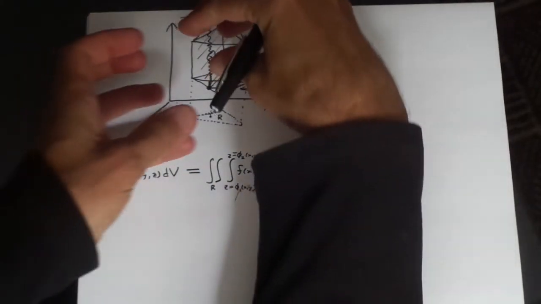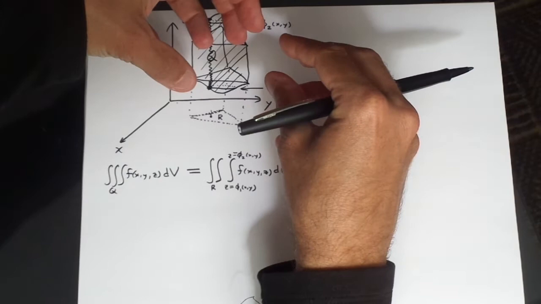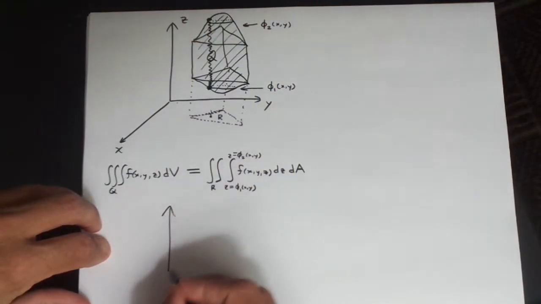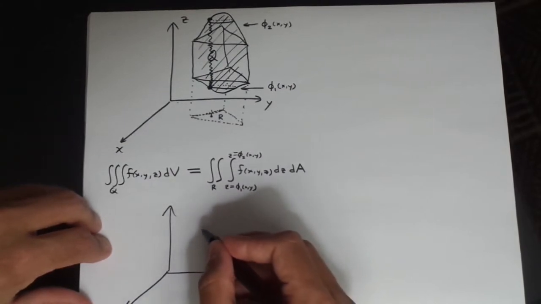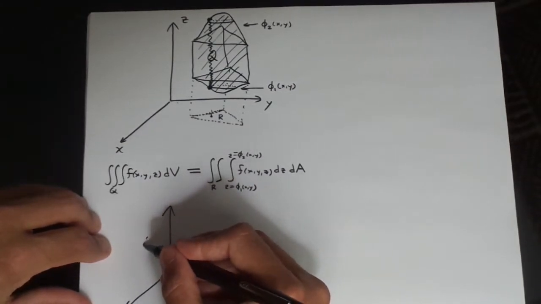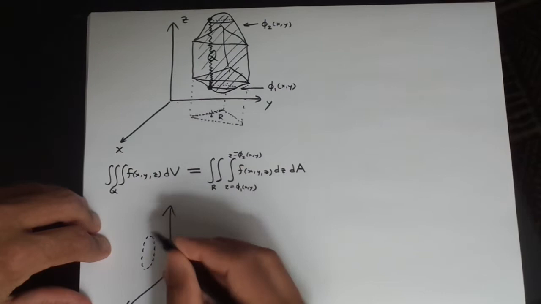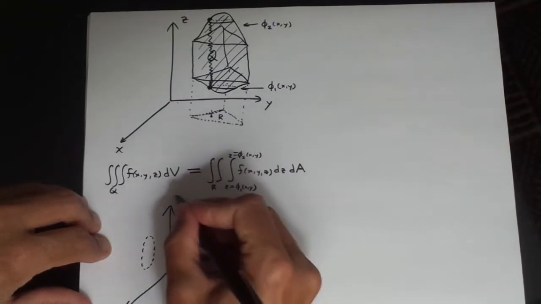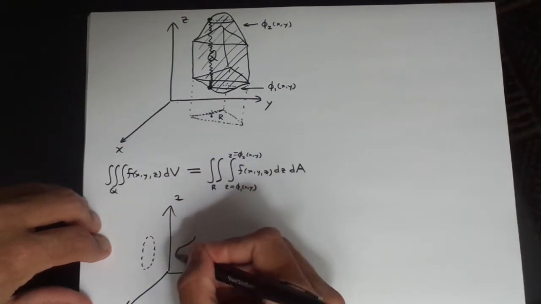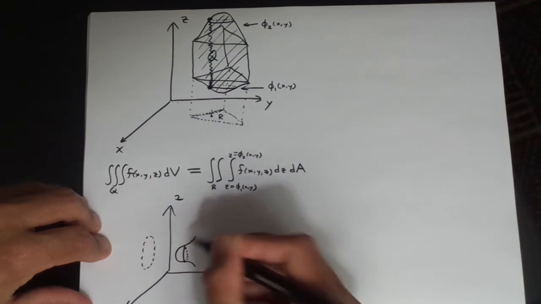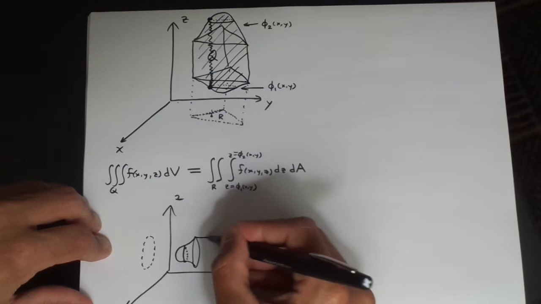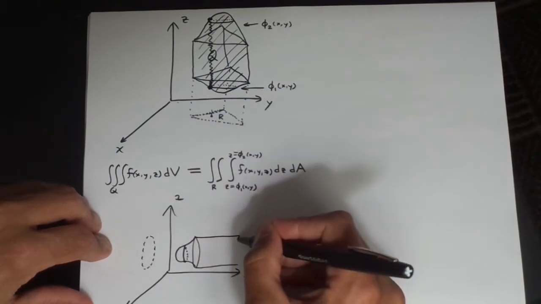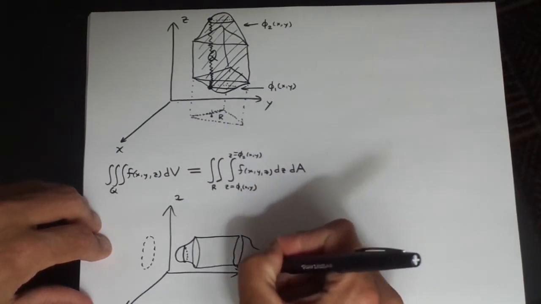Now, if this whole solid region had been turned on its side, right? Imagine what would have happened if your region had been something like this, where, let's assume, we have a disk here in the xz plane, okay, and above that disk you have some surface here, and then it becomes sort of the shadow of that cylinder going like this, and then some surface here.